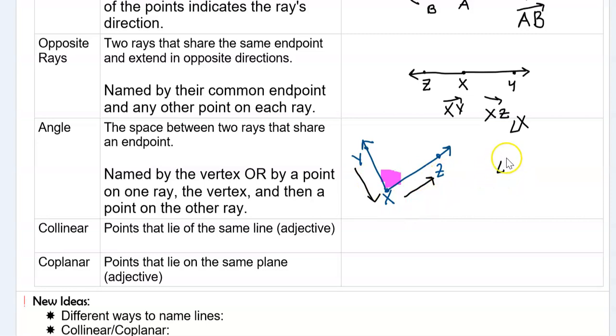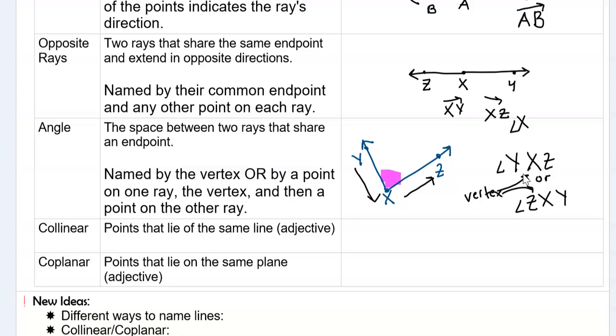So I could have angle YXZ, or angle ZXY. And in both of those cases, point X in the middle is our vertex. You always put the vertex in the middle. So if you want to be safe, always name an angle with three letters, and that way you can prevent any confusion.